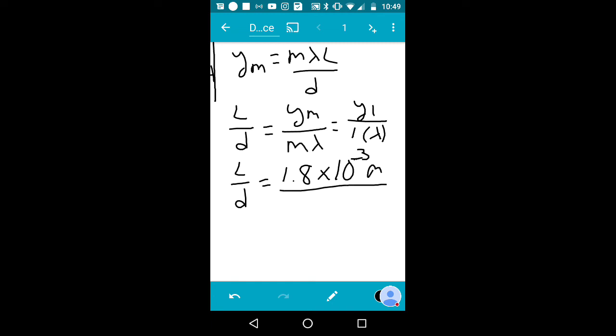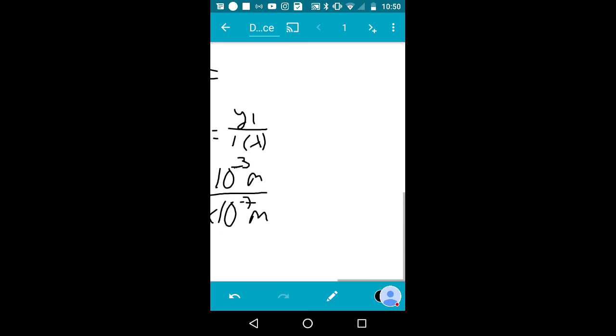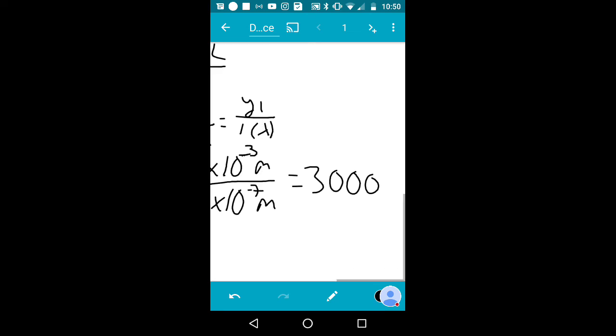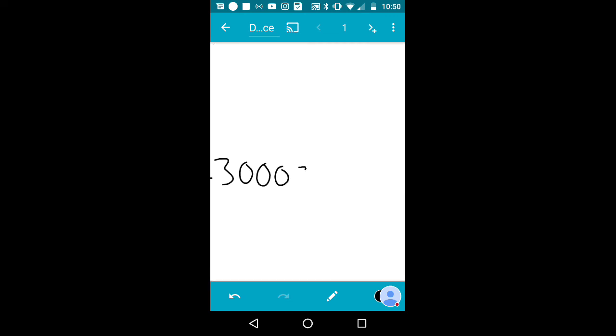And we're going to divide that by 6.0 times 10 to the minus 7 meters. And if we plug this into our calculator, we'll get that it's 3,000. Note that because our two things were in units of meters, the meters are going to cancel. So our ratio L over d is just equal to 3,000.